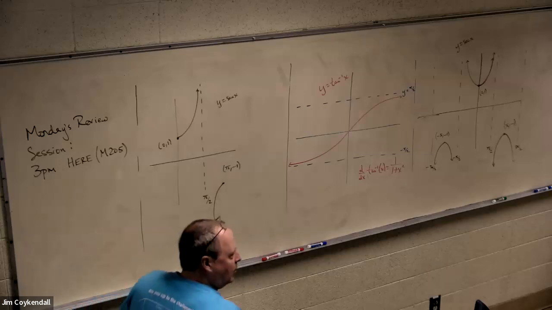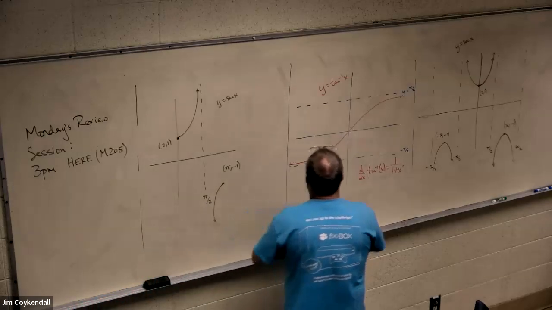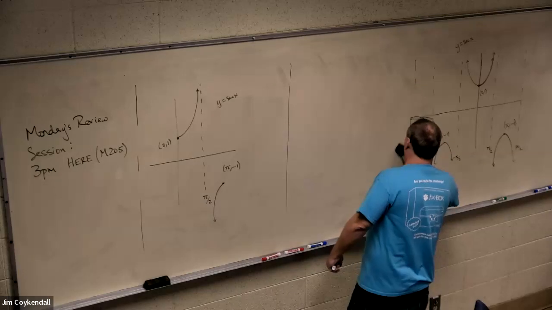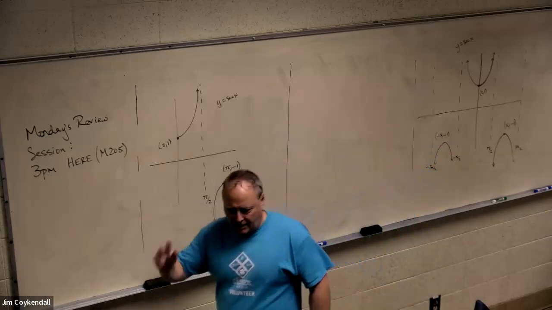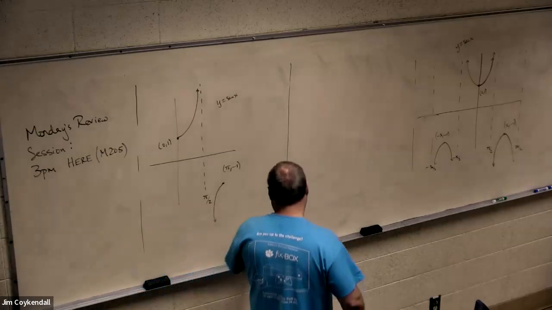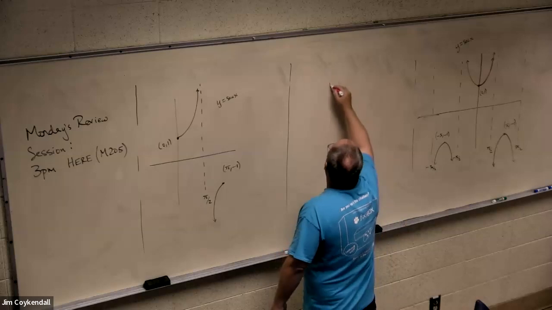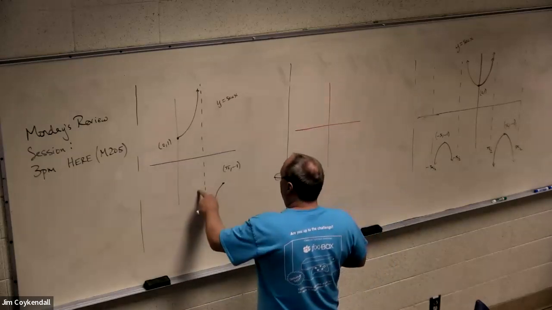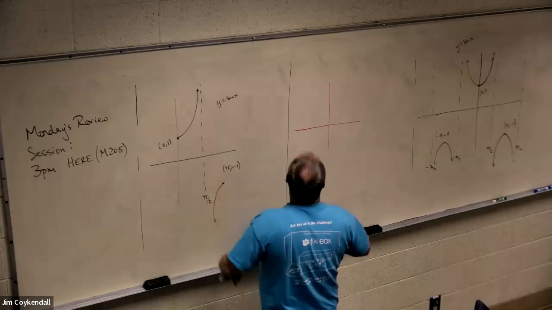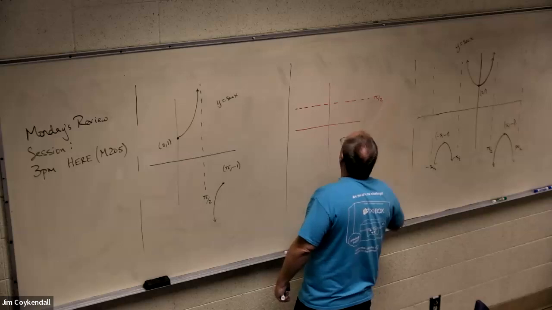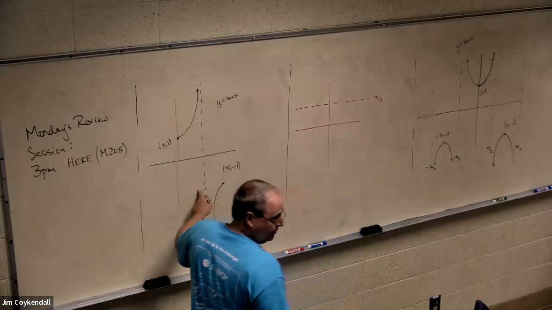Now, let me draw what the inverse is. The inverse secant is what I get when I flip around the line y equals x. It always helps me kind of get it. So I know that I should have this horizontal asymptote over here, at pi/2.